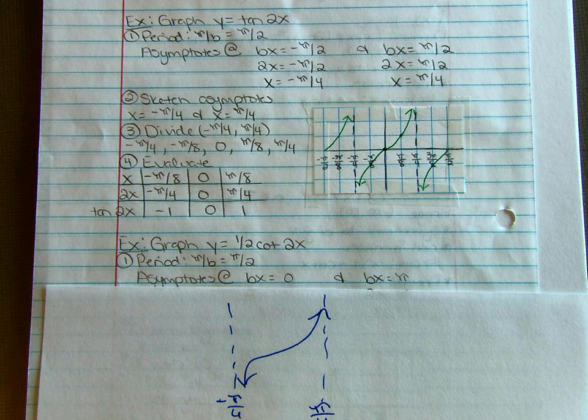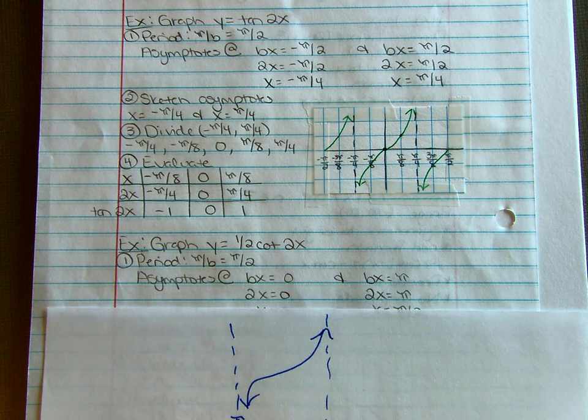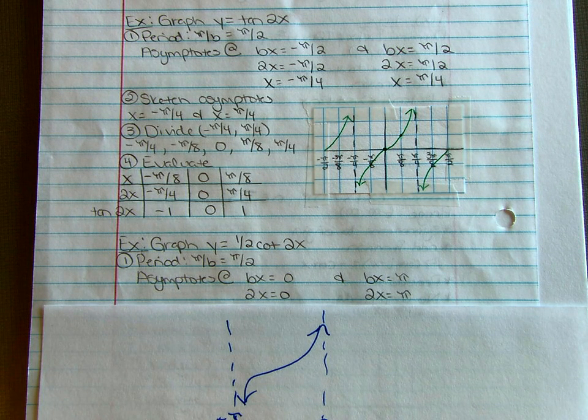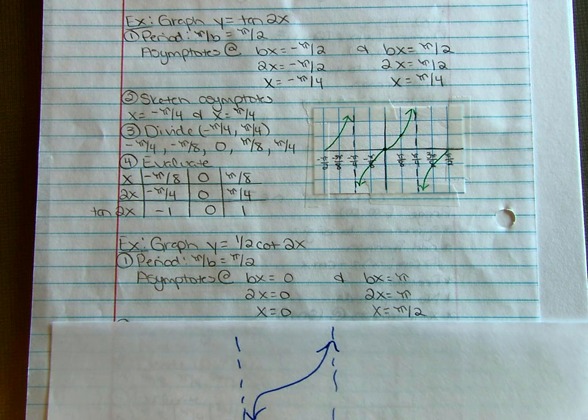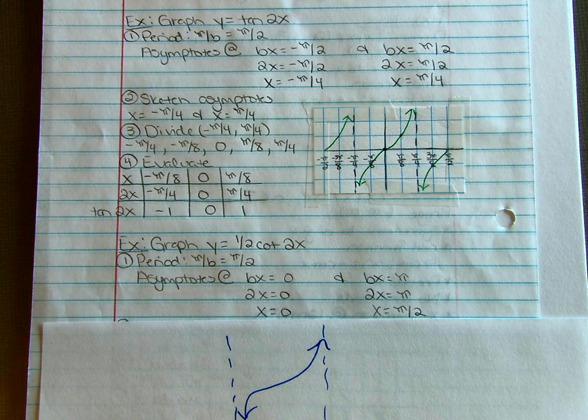So those are 2 things to keep straight. Cotangent goes with 0 and pi. Tangent goes with the plus or minus pi over 2. But we solve to find our asymptotes the same way. We plug in 2 for our b, and we solve for our asymptotes, finding that we're going to have an asymptote at x equals 0 and at x equals pi over 2.